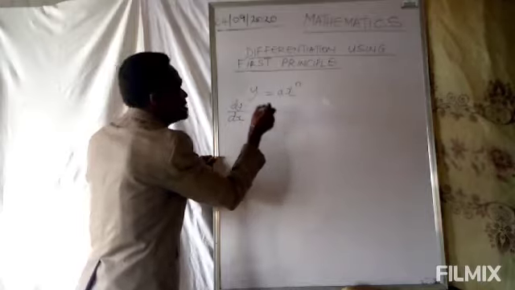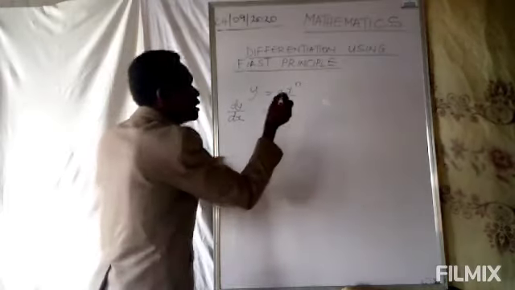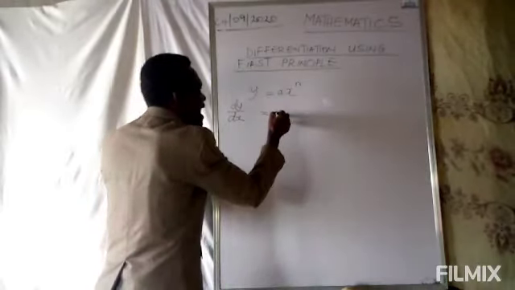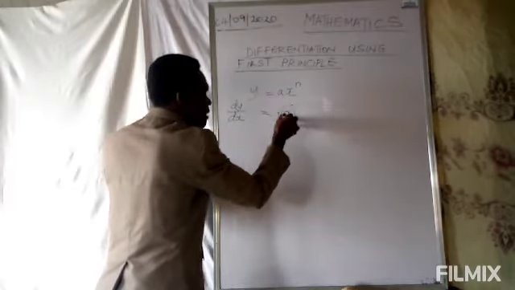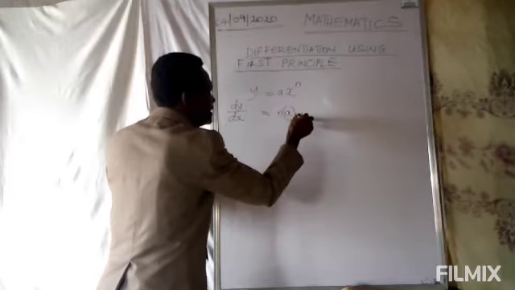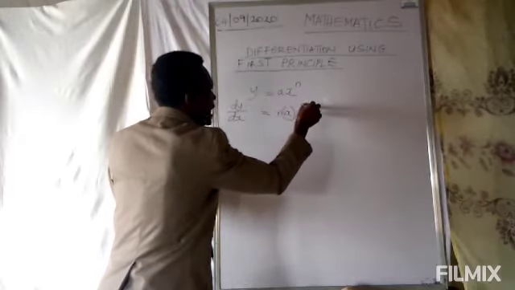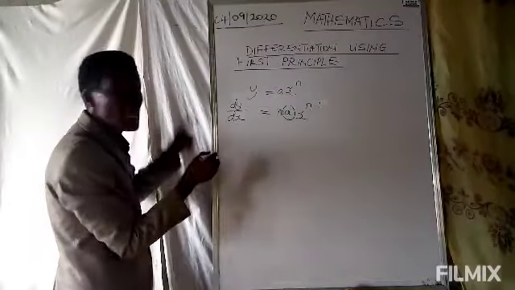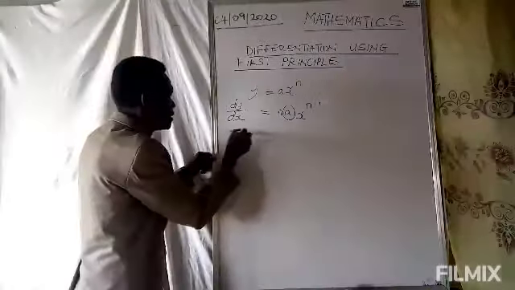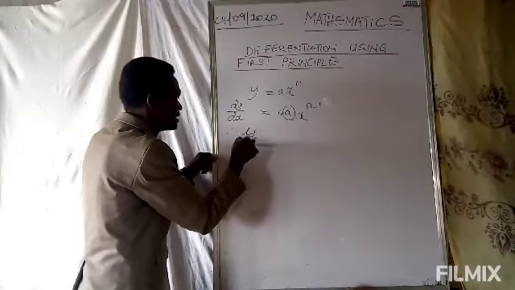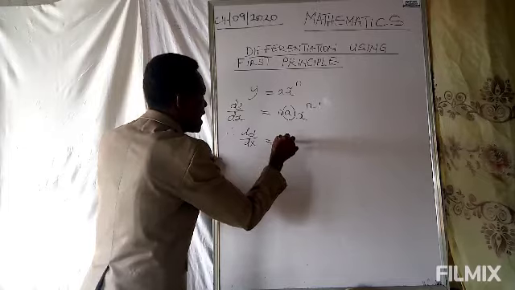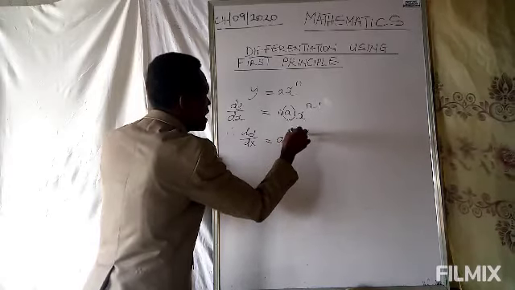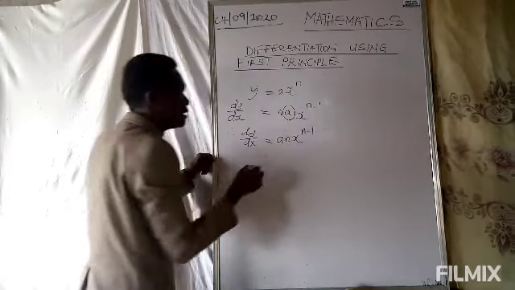So this one becomes n times a, then x to the n minus 1. So this is what we mean by dy dx. Therefore, dy dx is equal to a n x to the n minus 1.